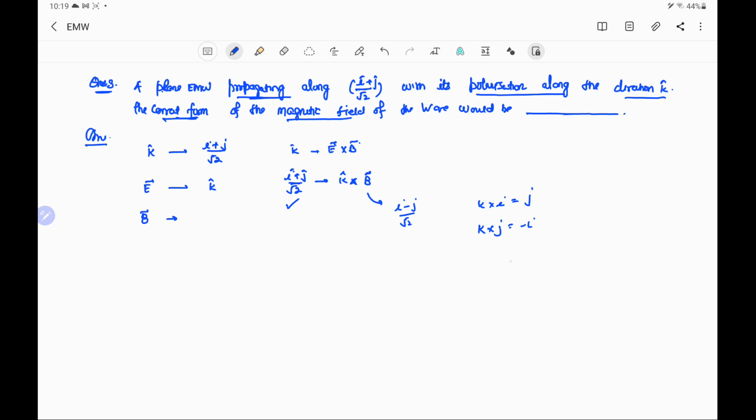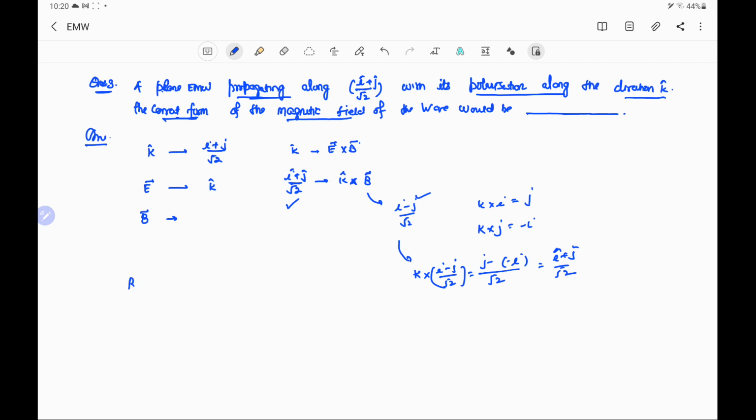So we can write it is k cross (i minus j) by root 2 equal to (j plus i) by root 2, which is the direction of propagation. So we can say that B is along the direction (i minus j) by root 2.